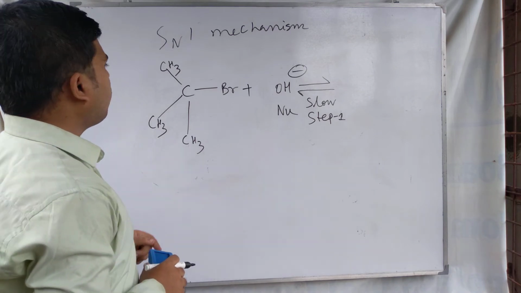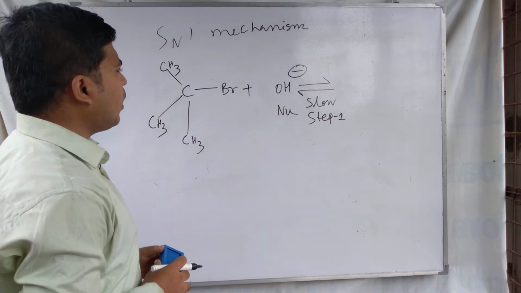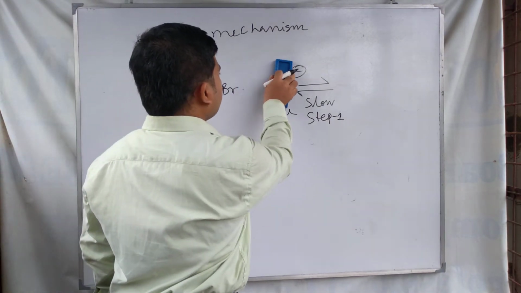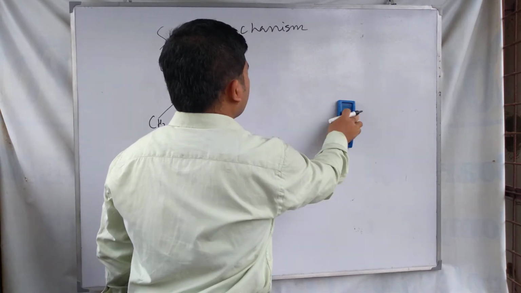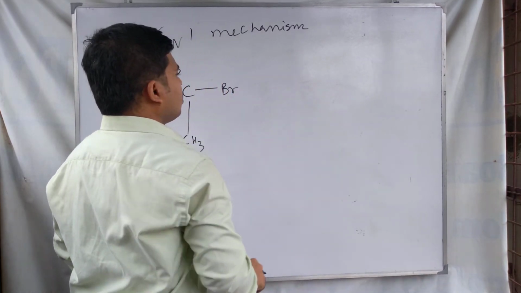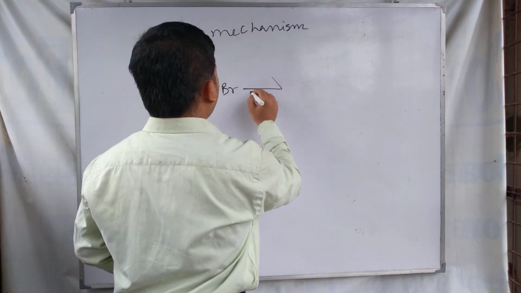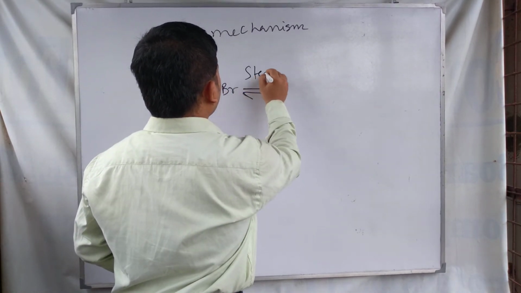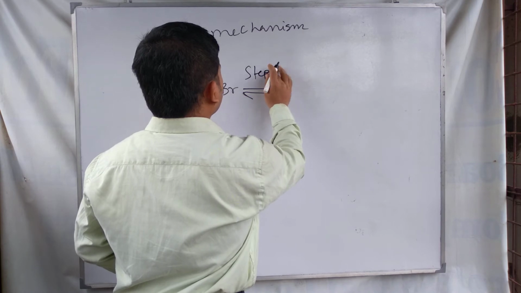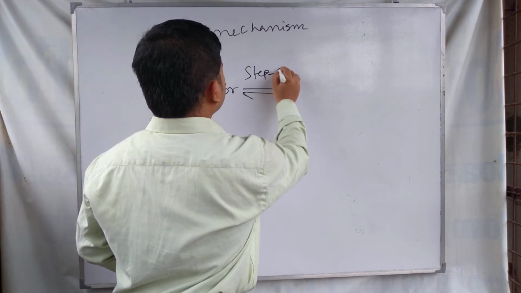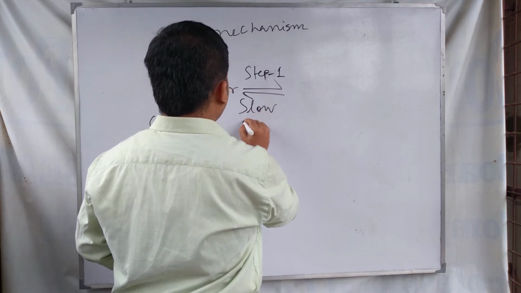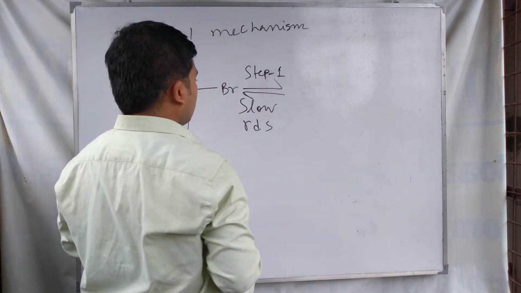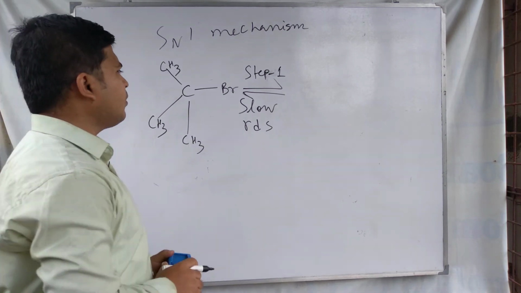In this step 1 the OH minus is not required, means the nucleophile is not required in step 1. It is a slow process, and it is the RDS, the rate determining step.